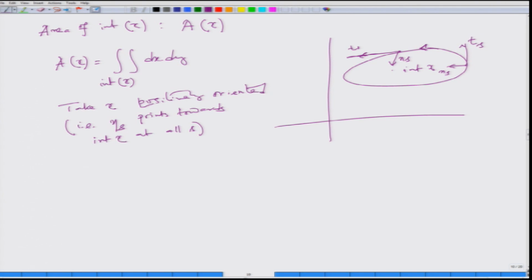So, positively oriented simply means you take the anti-clockwise direction. So, you are moving in the anti-clockwise direction. If you move in the other direction, you will see eta s will go outside. I mean, it will point to the exterior of gamma.